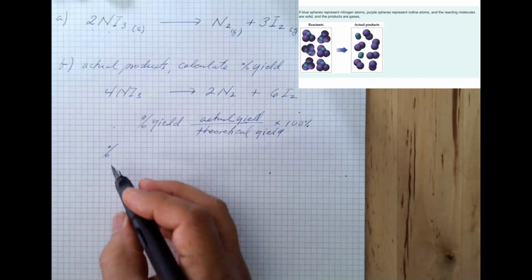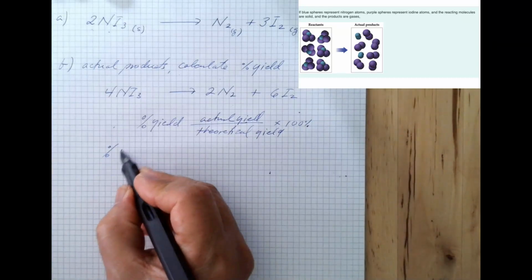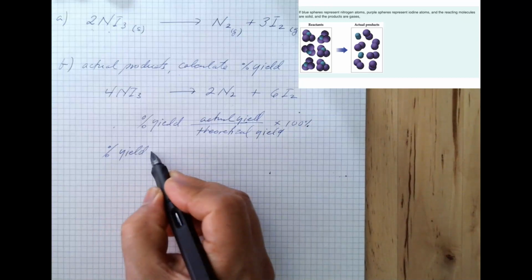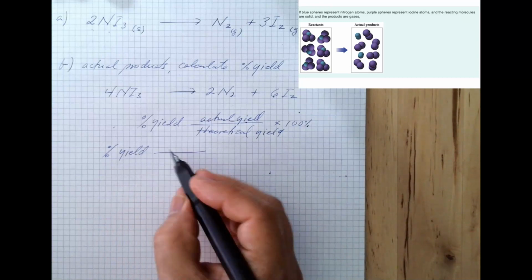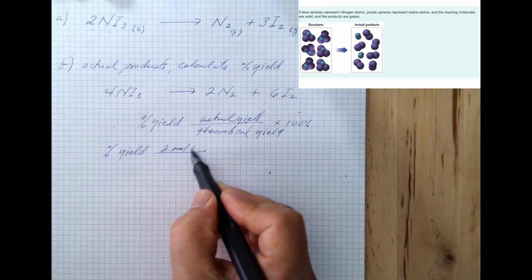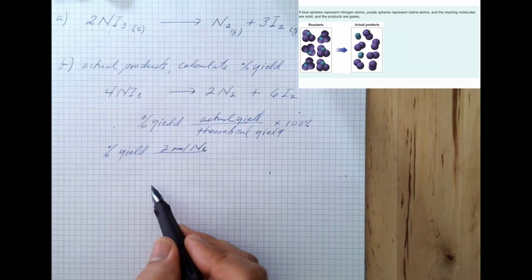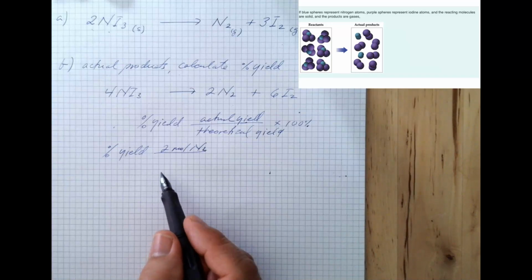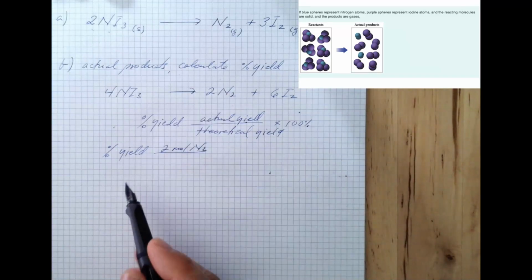So if we do that for nitrogen percent yield, the actual yield was 2 moles of N2. The theoretical yield is 2 moles.